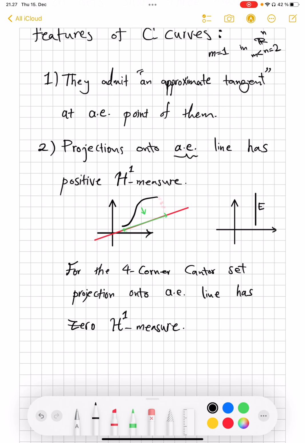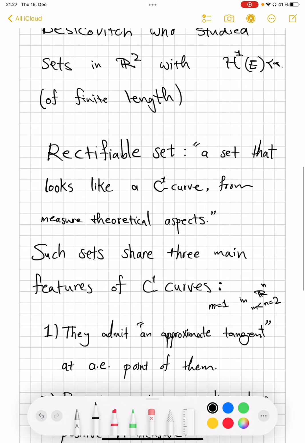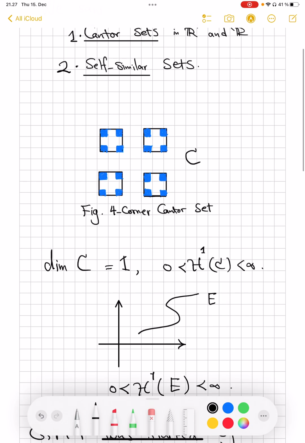In fact, there, the set of lines where the projection was significant had measure 0. In fact, we had only one or two lines where you project this four-corner Cantor set onto, and you see some positive measure, and otherwise you would see only a set of measure 0.